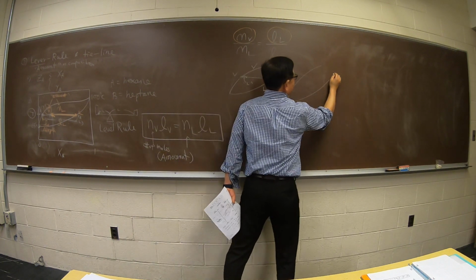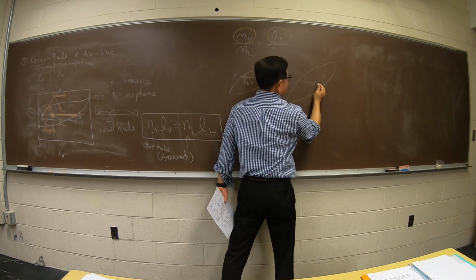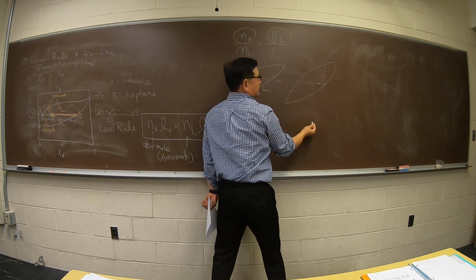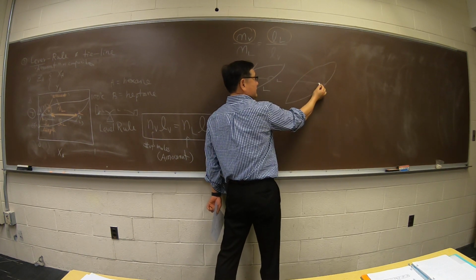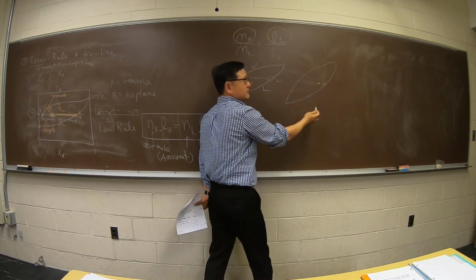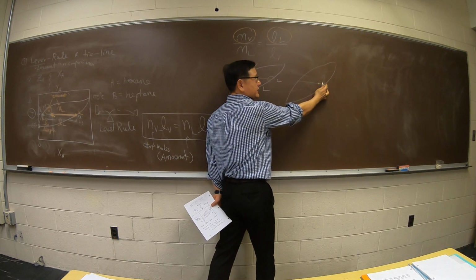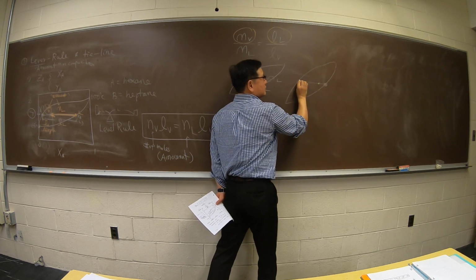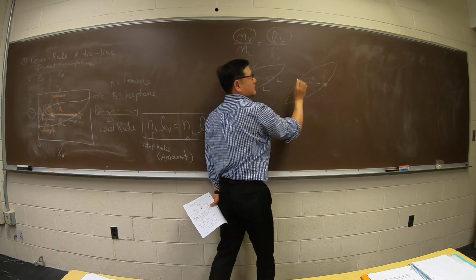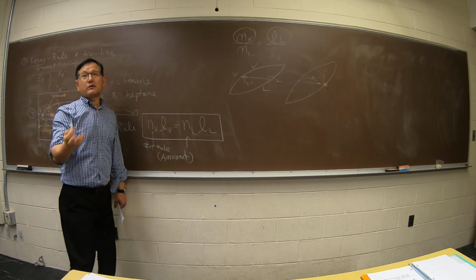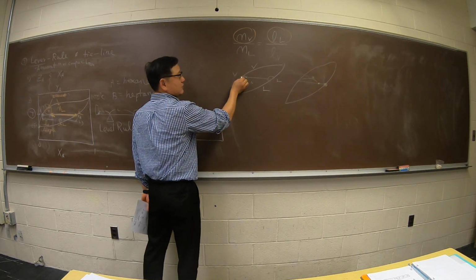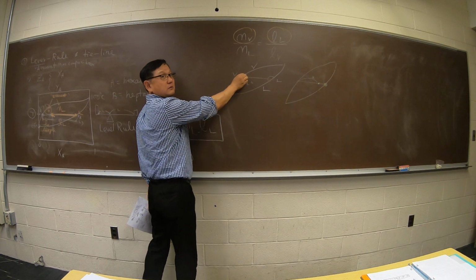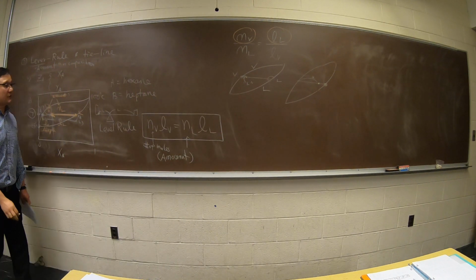If you're right here, at this temperature you will generate liquid at this composition, and the amount is proportional to this length, so a lot more liquid can be generated compared to the one that is close to the liquid side. That's how you use the lever rule.